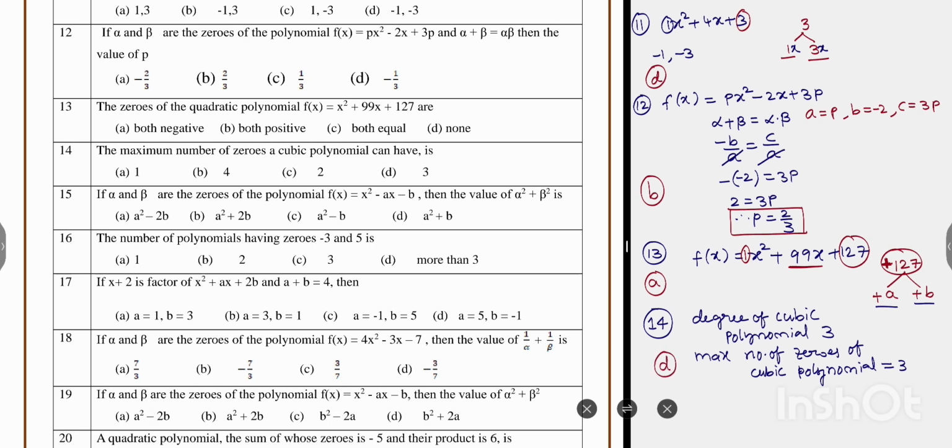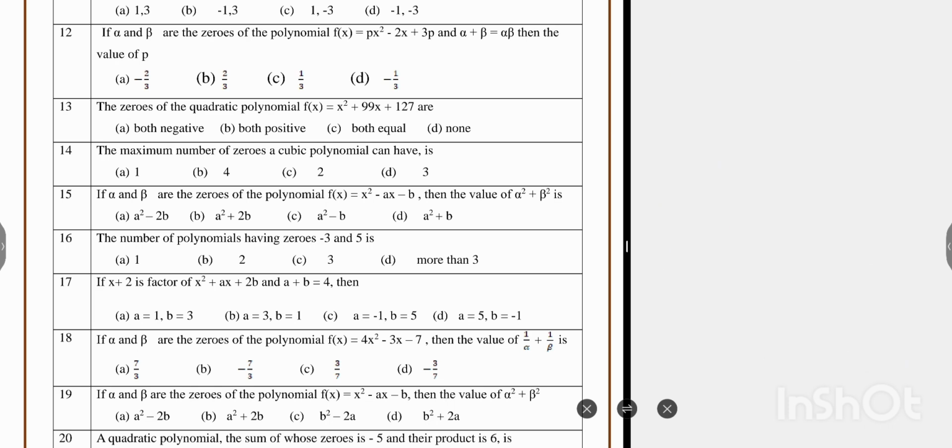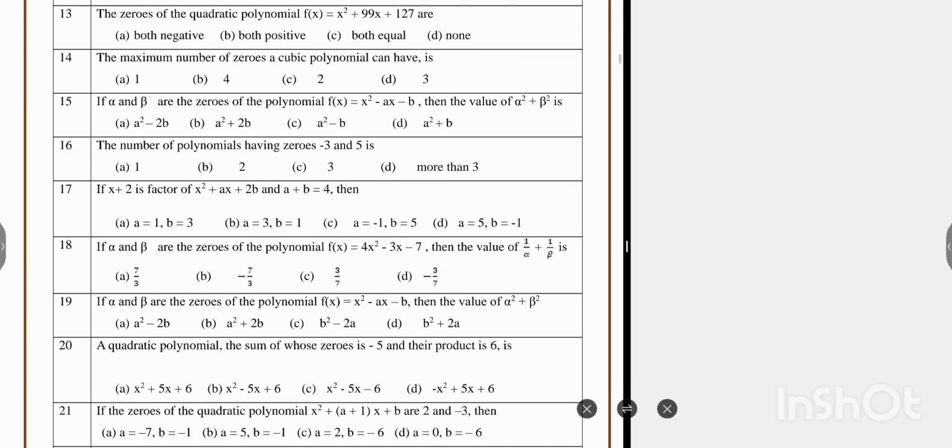Question number 14 done. Question number 15. Alpha and beta are the zeros of the polynomial p(x) = x square minus ax minus b. Then find the value of alpha square plus beta square.